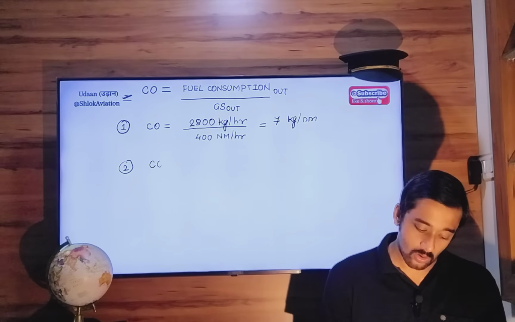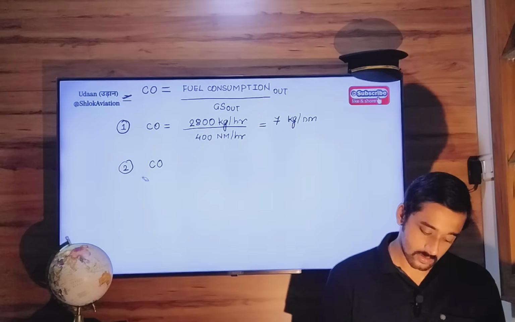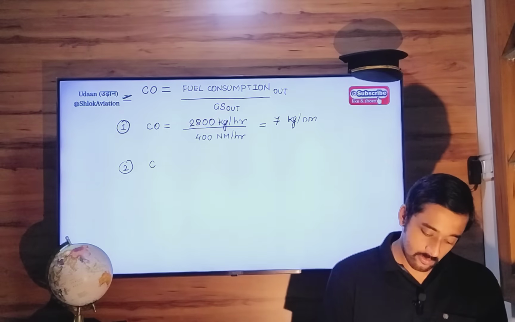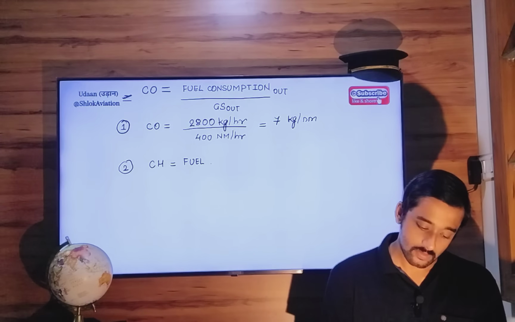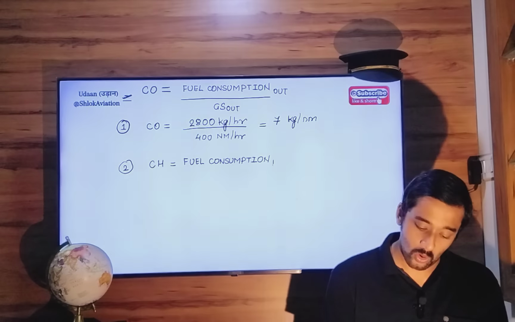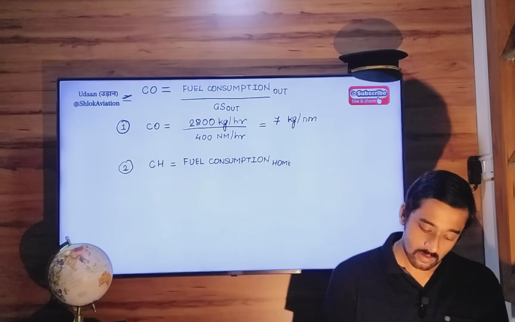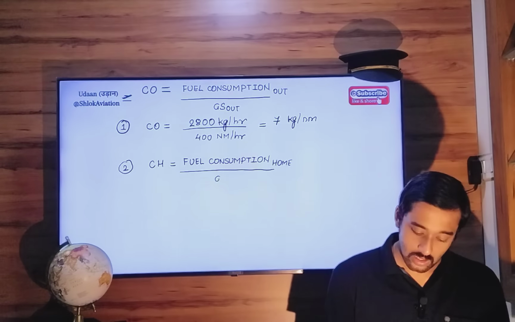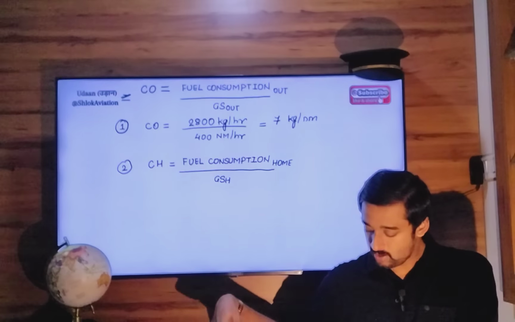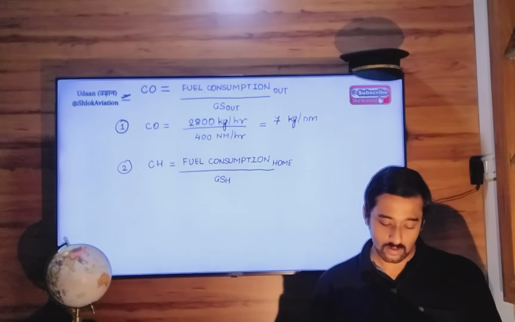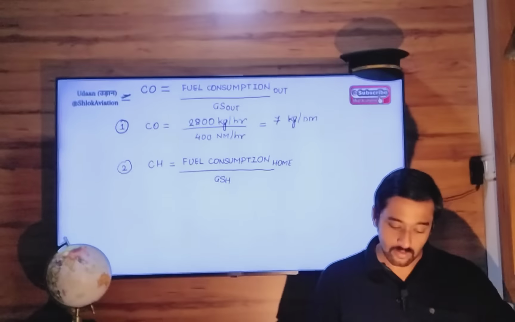Fuel consumption homebound equals fuel flow home divided by ground speed homebound. Right?